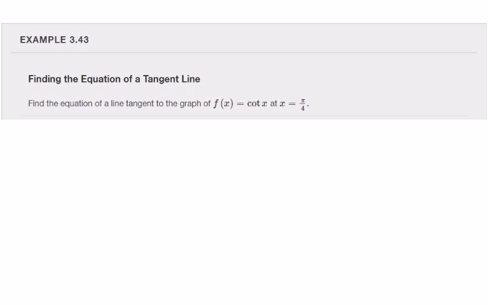Unless we say otherwise on a quiz or a test, it will be part of the acceptable resources that you can use.